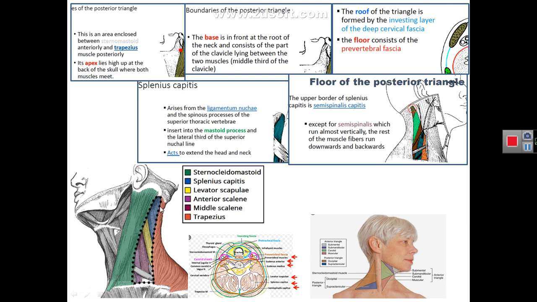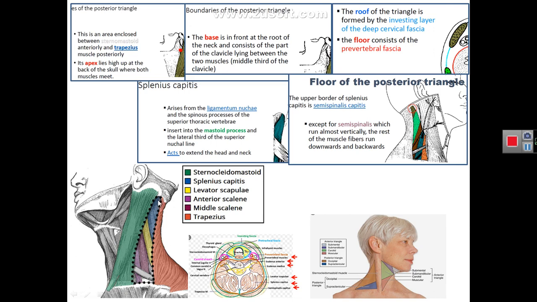The floor of this triangle is formed by the prevertebral muscles covered by prevertebral fascia. The prevertebral muscles forming the floor of the posterior triangle deep to the prevertebral fascia are the following from above downward. First, semispinalis capitis, which is at the apex of the triangle.